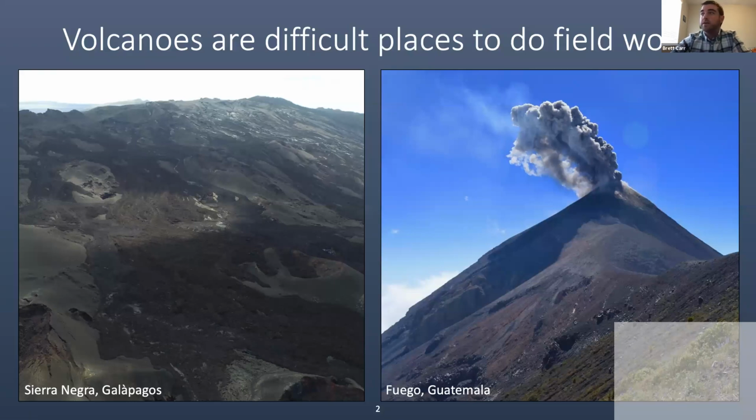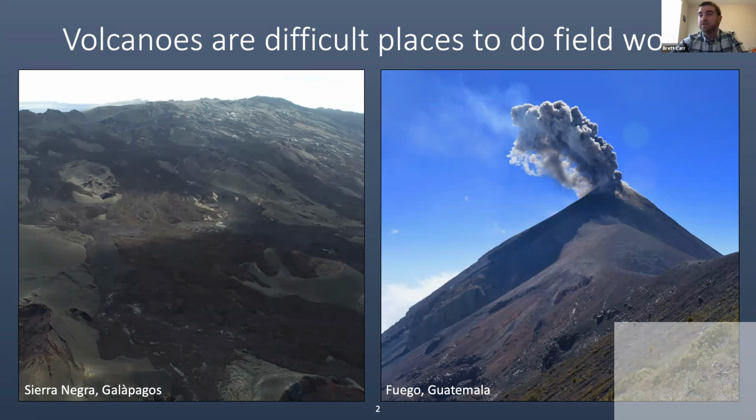That can be due to extensive flow fields that are very difficult to traverse and map on foot, and also having to deal with ongoing activity, as seen in this photo of Fuego in Guatemala, which creates hazards, and also very steep and unstable edifices to work with.